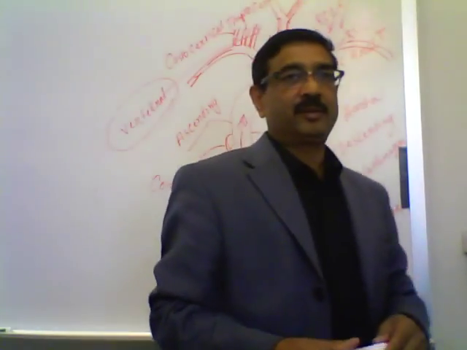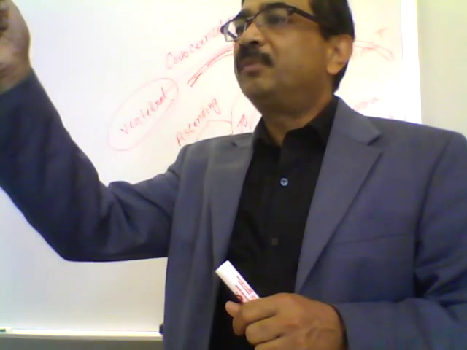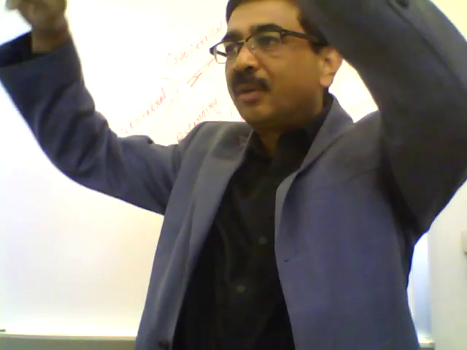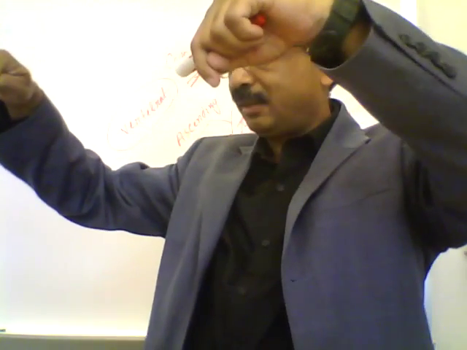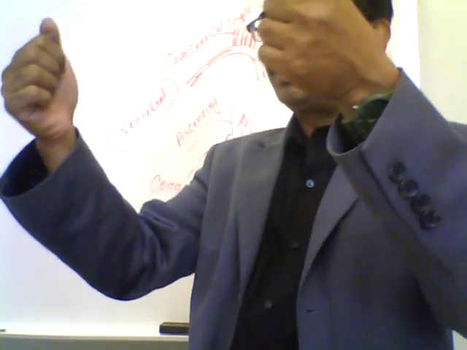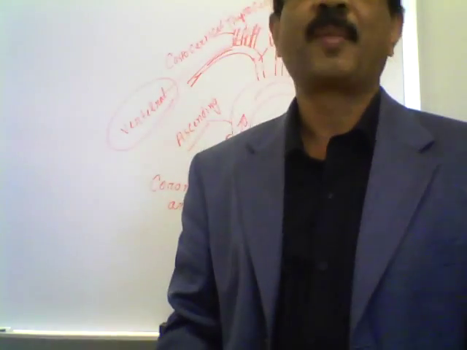So if I ask you, from the thoracic part of the aorta, those arteries that go to the diaphragm are what? And from the abdominal aorta, those arteries that go to the diaphragm are inferior phrenic, right? Phrenic is diaphragm.